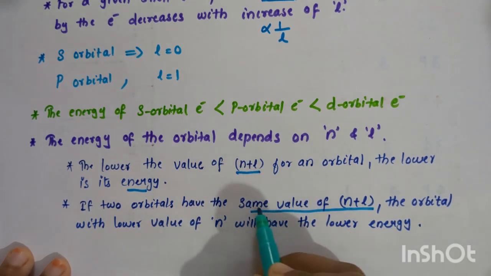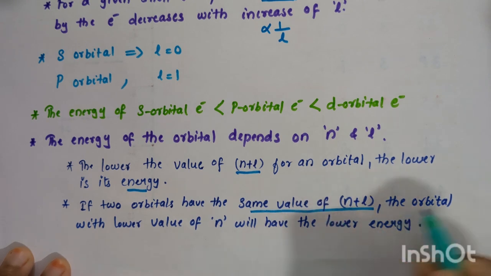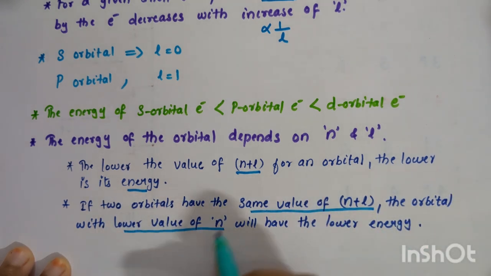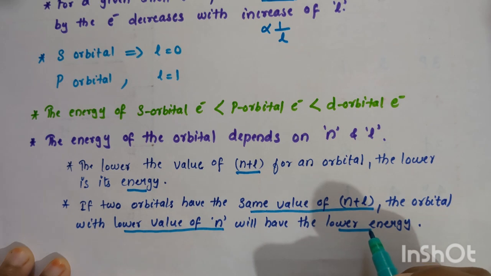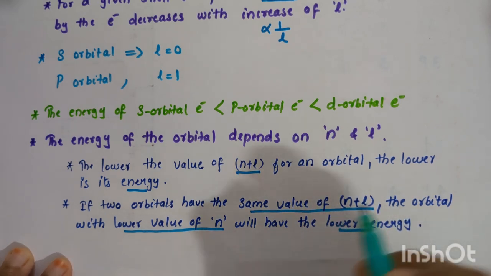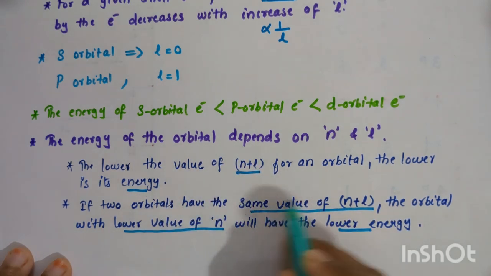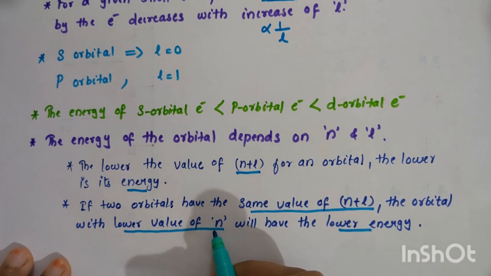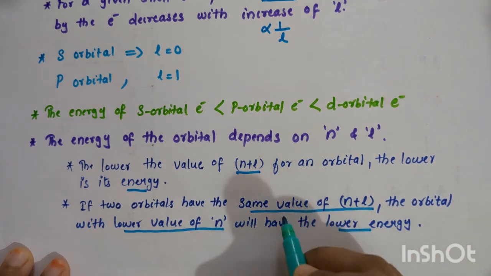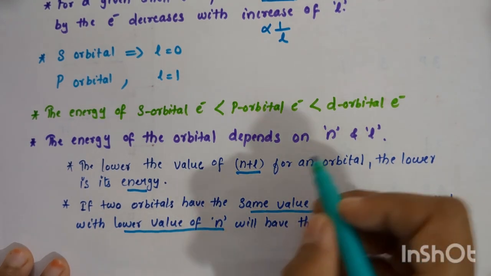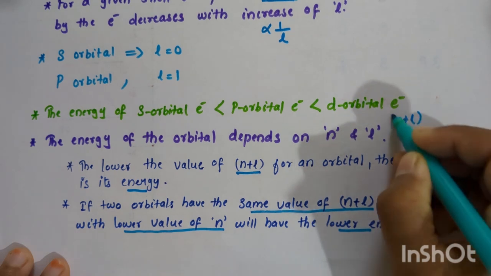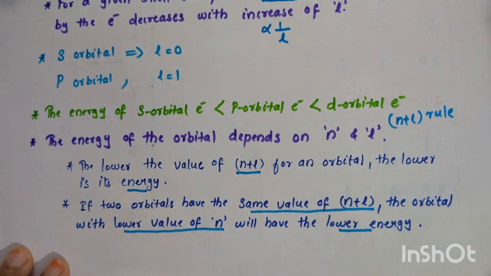But if the two orbitals have the same value of n plus L, then the orbital with the lower value of n, the principal quantum number, will have lower energy. So let us see one table which illustrates this rule. This is actually the n plus L rule.